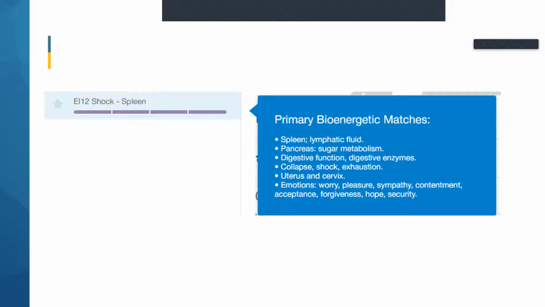Okay, so we're looking at exhaustion, looking at shock. Okay, looking at the connection with the spleen and lymphatic fluid. Sugar metabolism, so digestive function, digestive enzymes. Emotions: hope and security were the ones that really jumped out at me with this particular client.